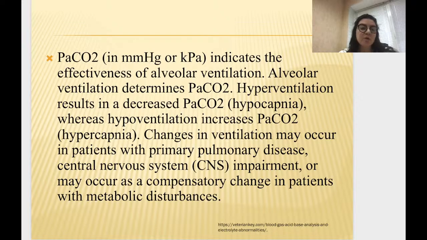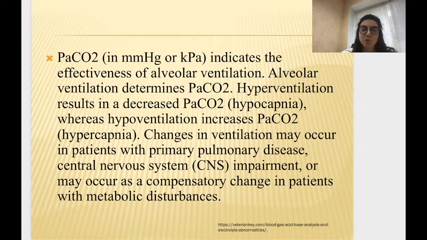Okay, pressure of carbon dioxide in millimeters of mercury or kilopascals indicates the effectiveness of alveolar ventilation. Alveolar ventilation determines pressure of carbon dioxide. Hyperventilation results in a decrease of pressure of carbon dioxide.